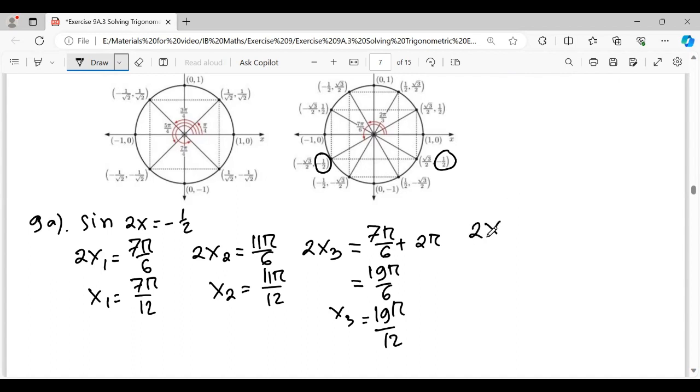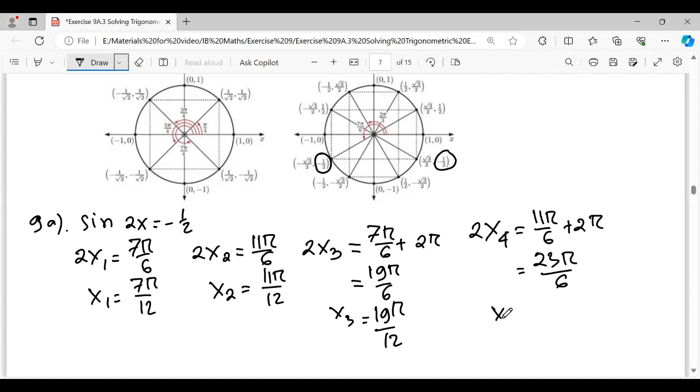X4, 2x4 equals 11 pi over 6 plus 2 pi. So it is 23.